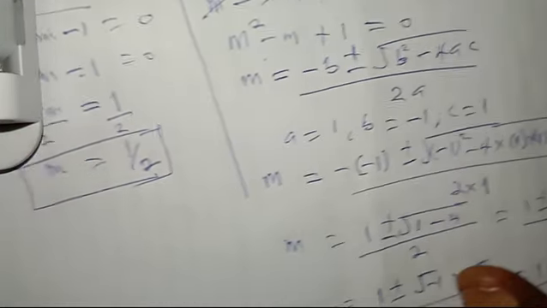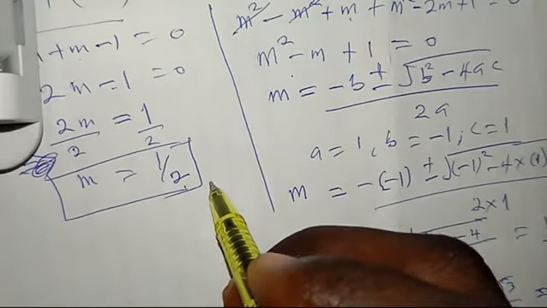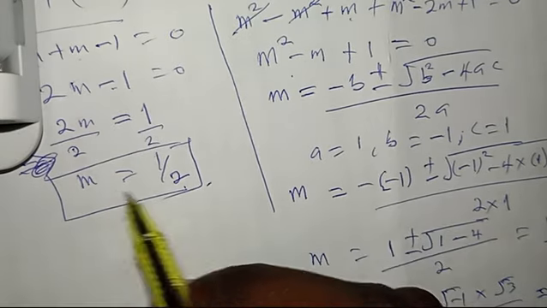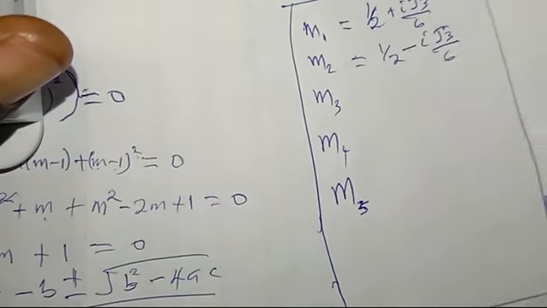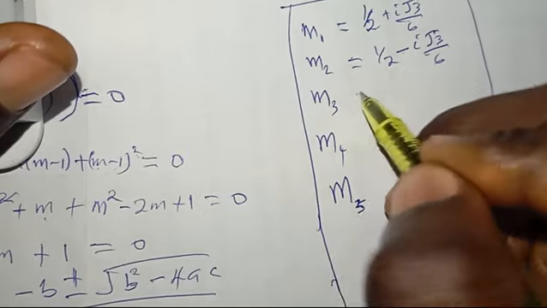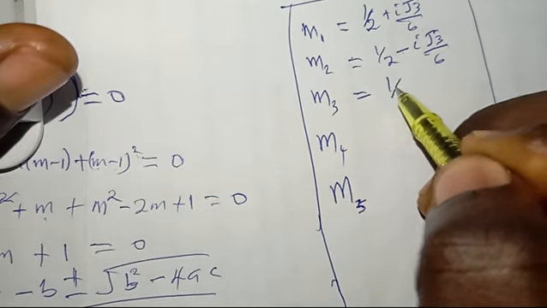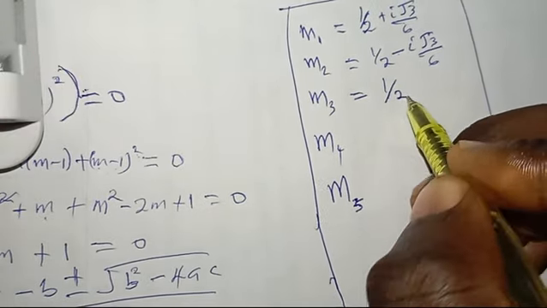And then looking at this place also, you see that this is the second value of m, that is m equal to 1 over 2. So I'm going to put it as m3. So this is m equal to 1 over 2.